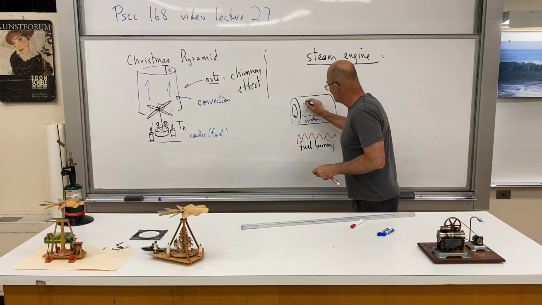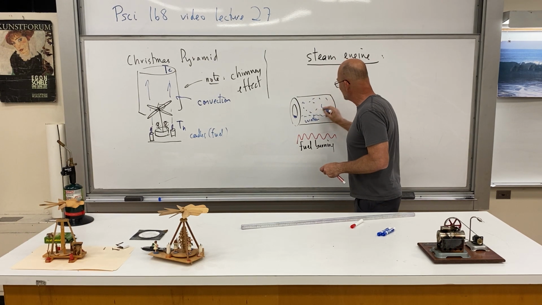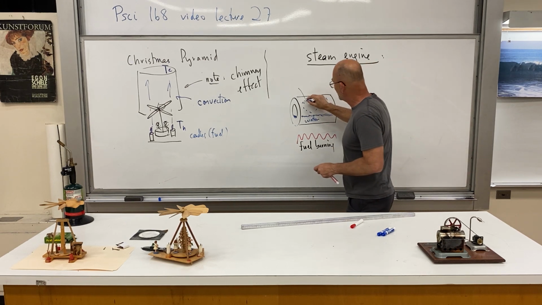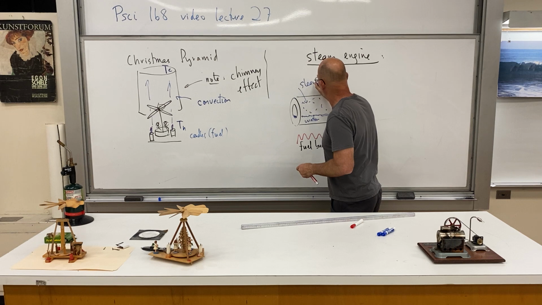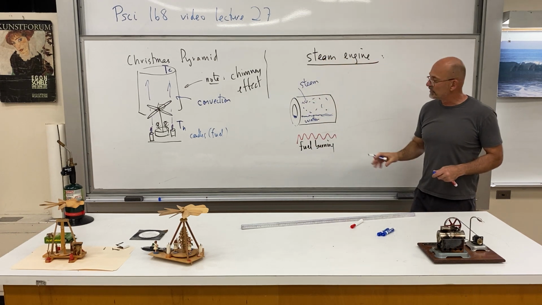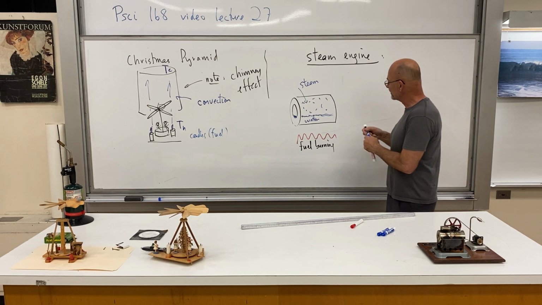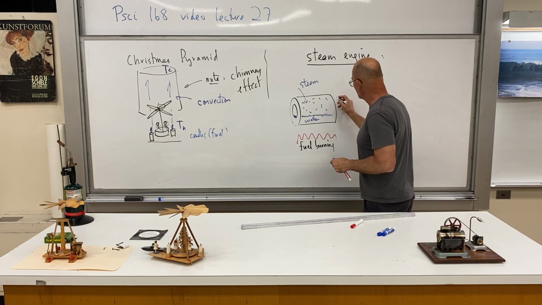Above here though, we have a bunch of steam. I'll draw a water line. So we have steam here, and it's enclosed, so we actually build up some pressure. So we have to have some kind of connection, and we do. I'll just draw a tube here.